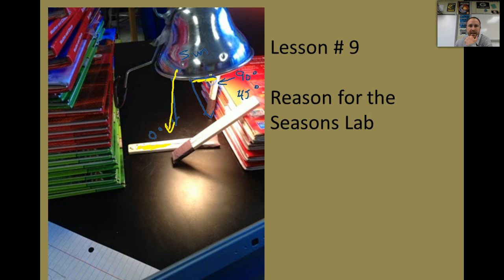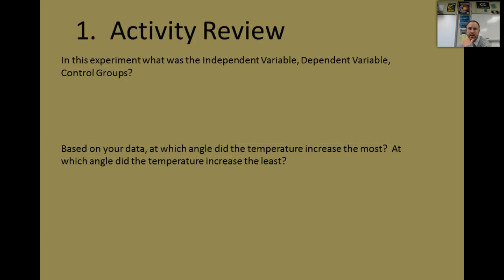This one, on the other hand, is not getting the most direct sunlight, because the light has to come down and over to be able to strike it, while this one is getting a good amount too. So if we apply that to our questions, the first question said, in this experiment, what was the independent variable?